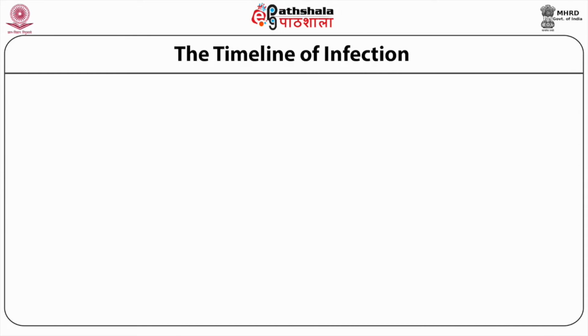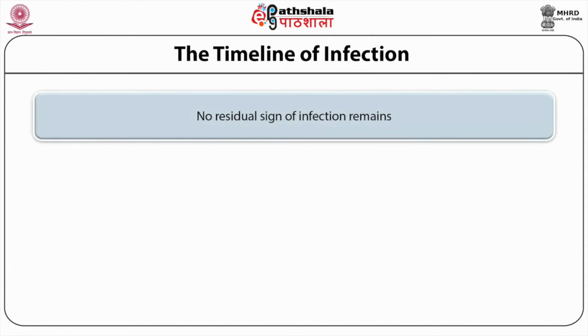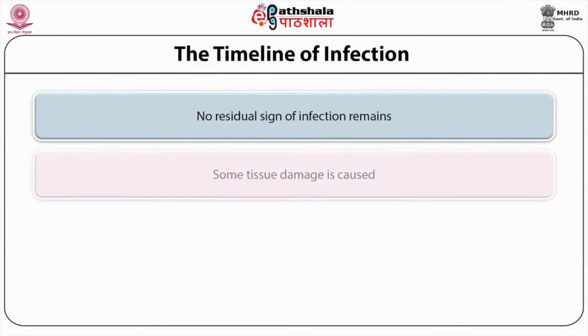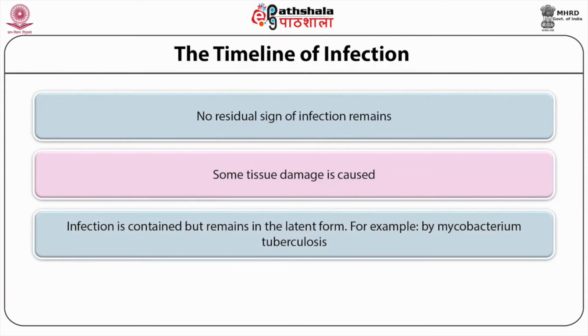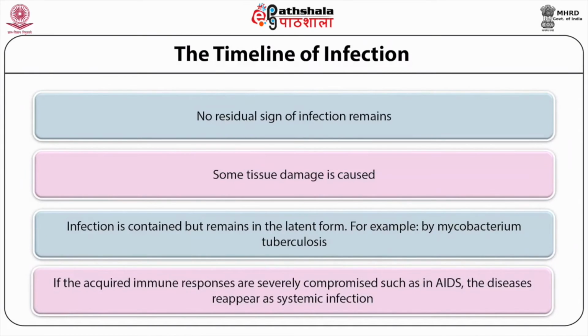At the end, the consequences are that no residual sign of infection remains, some tissue damage is caused, or infection is contained but remains in the latent form, in some cases, for example, by Mycobacterium tuberculosis. If the acquired immune responses are severely compromised, such as in AIDS, the disease reappears as systemic infection.